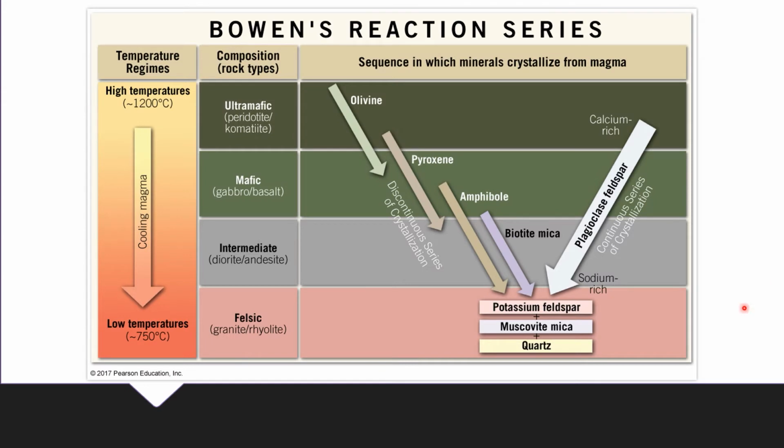And this is what Bowen's reaction series looks like. As the temperature begins to drop, different minerals begin to form. So olivine will form first. This is what we call an ultramafic rock. So it's very dark. It's a dark mineral. Okay, remember, lots of magnesium and iron. So as these darker minerals start to form out, you end up with the remaining elements being able to form lighter minerals or felsic minerals, such as quartz.